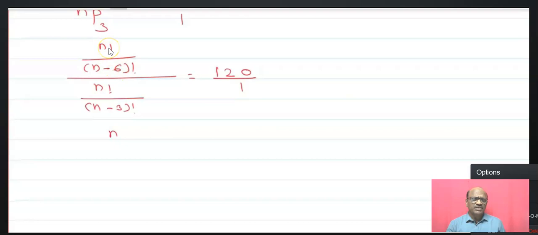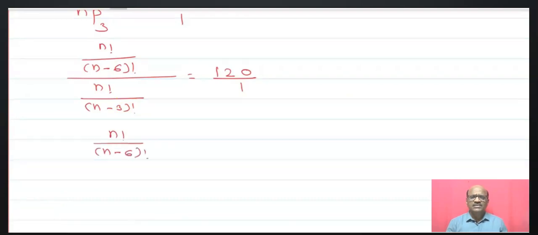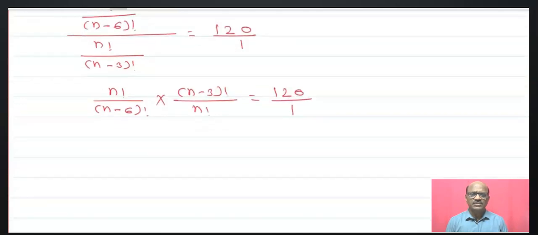Now we take the reciprocal and arrange like this: n minus 3 factorial into n factorial upon n minus 6 factorial into n factorial equals 120 upon 1.